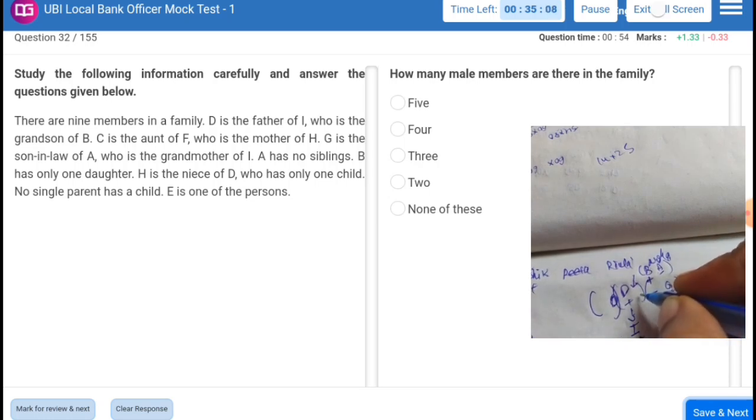So D has only one child. He is the one of the person.